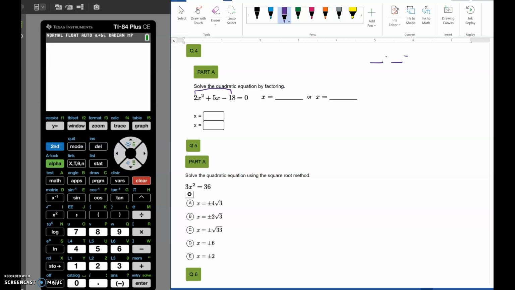So you're looking for two numbers that multiply to give you whatever 2 times negative 18 is, negative 36. Those same numbers need to add up to 5. Okay, so think about 36. We got 1 times 36, 2 times 18, 3 times 9, 4 times 6. Is that it?